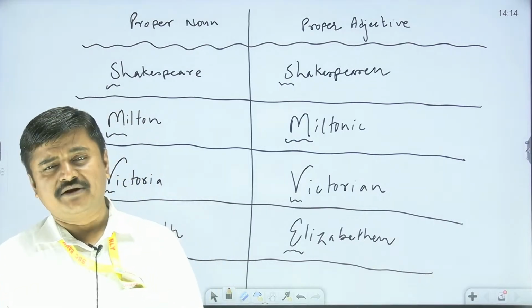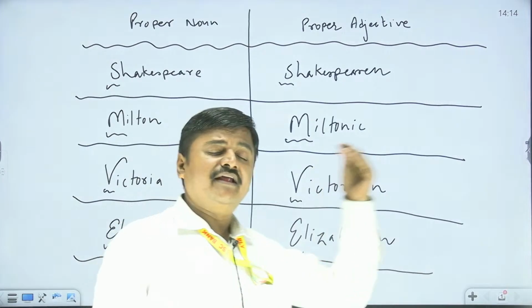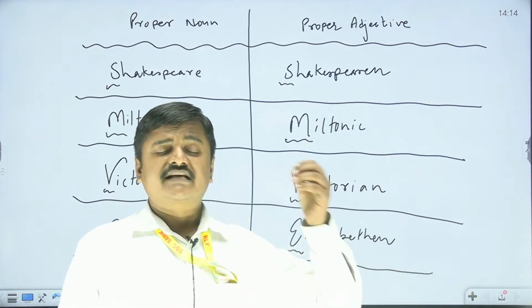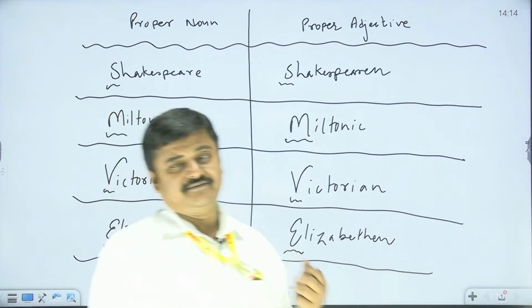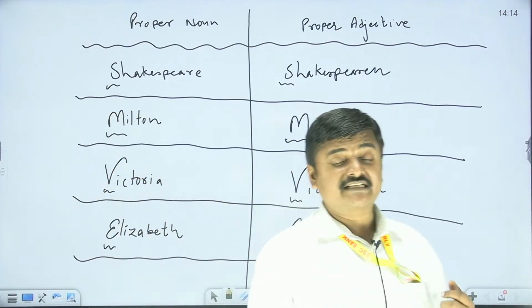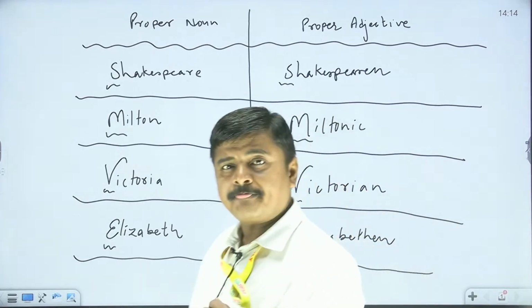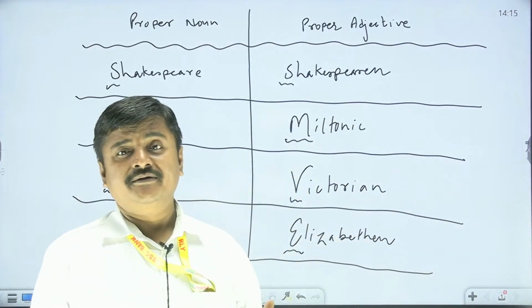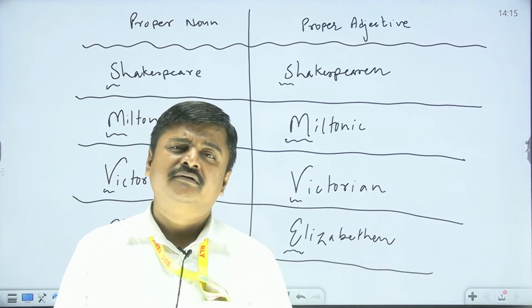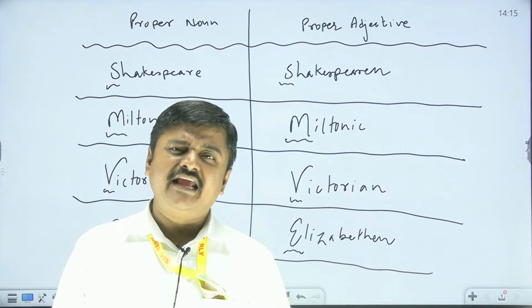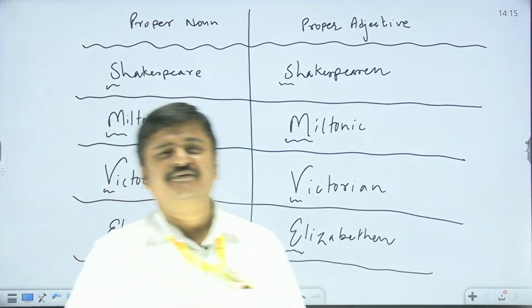Like here you can see Shakespearean comedy, Shakespearean tragedy, Shakespearean era, Miltonic style, Victorian age, Elizabethan age.